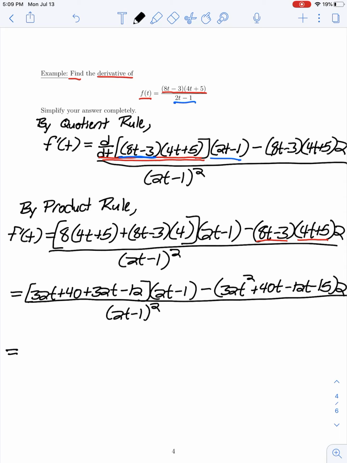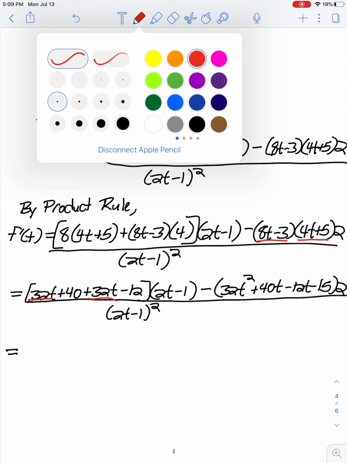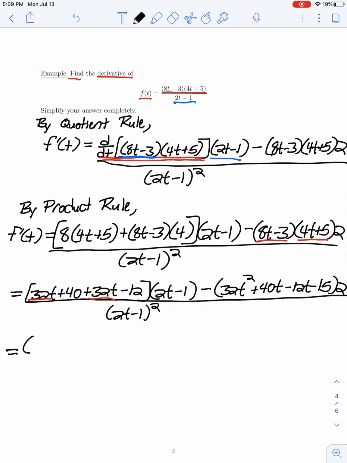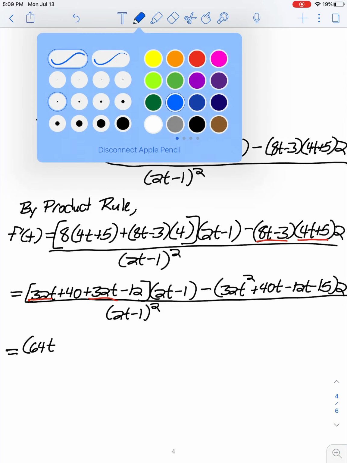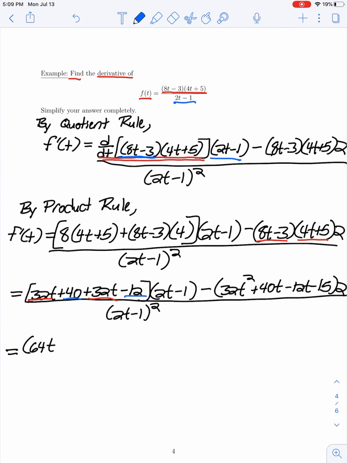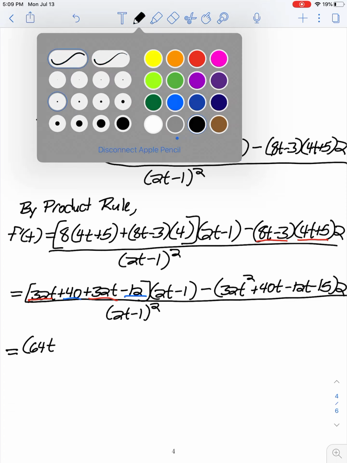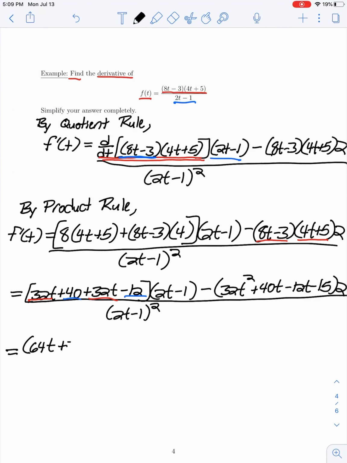So now, within our square brackets in the numerator, if we group like terms, say the 32t plus 32t, we have 64t, and then grouping our constant terms, plus 40 and minus 12, we have plus 28. And this is all being multiplied by our 2t minus 1.